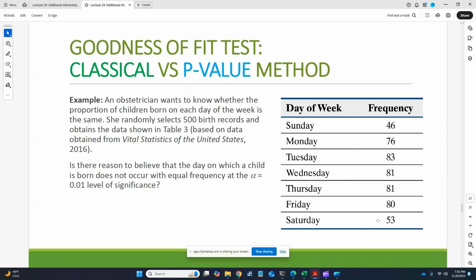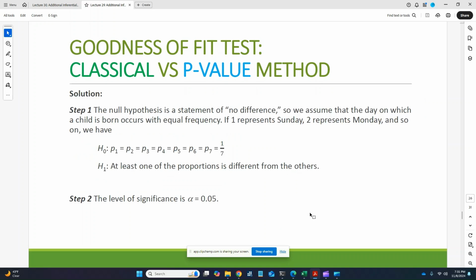So how can we check if the observed frequencies are different from expected frequencies? Our null hypothesis is that the proportion for each of the 7 days is equal, that is, theoretically equal to 1 over 7 because there are 7 days in a week. The alternative hypothesis is that at least one of the proportions is different from the others.